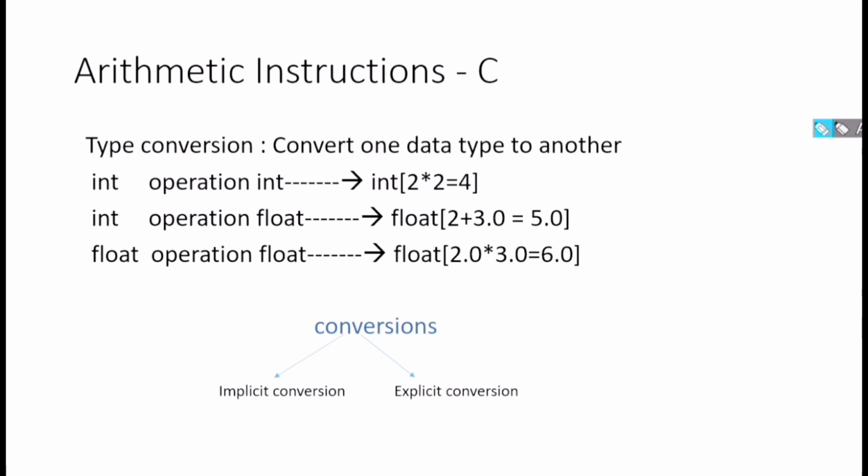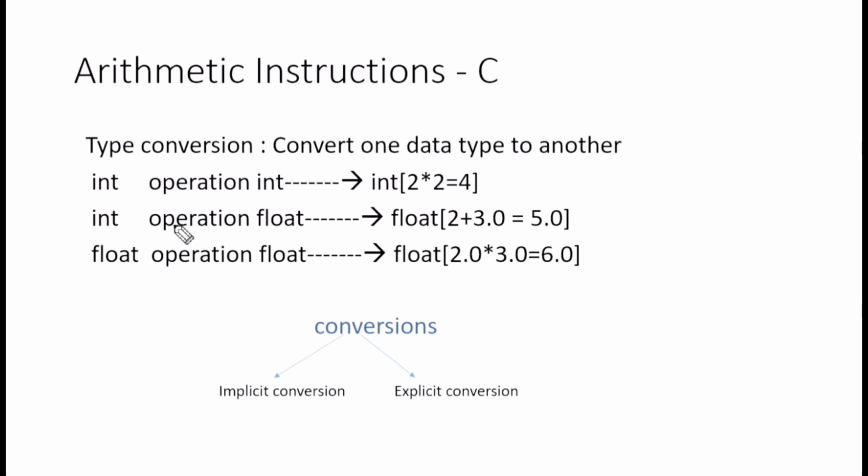Now, arithmetic instructions. If any integer operation integer, it gives integer only. Here is an integer, here is an integer, so you will get obviously integer only. If you do some operation between integers you get integer only, that you have to remember.